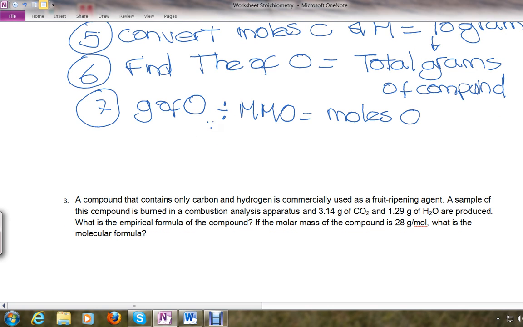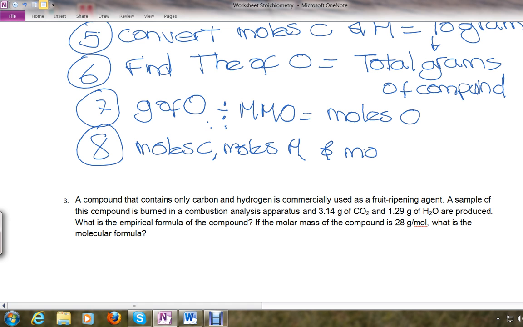Now you got the moles of everything: moles of carbon, moles of hydrogen, and moles of oxygen. A lot of work on this problem. And you can divide by the smallest number of moles to find the empirical formula.